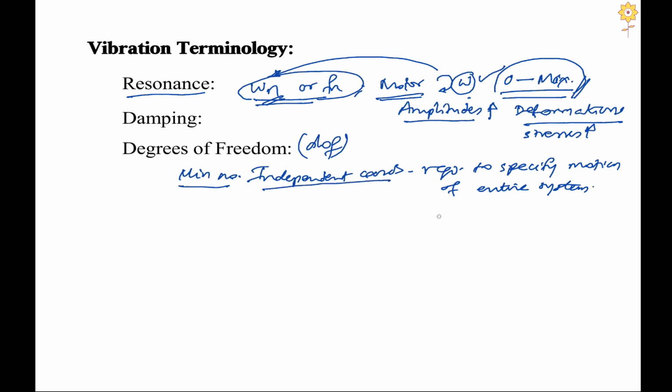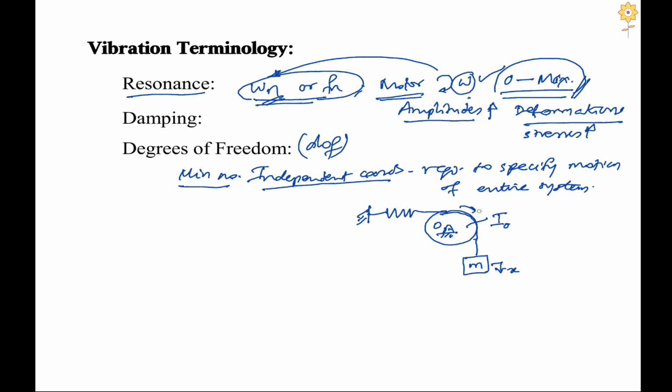So, we take one small example here. Let us have a disk, and let us have a spring over here, a thread that is rolled over the disk, right, and let us have a mass. So, this is having mass moment of inertia about this axis O, and the mass is having some linear motion x.